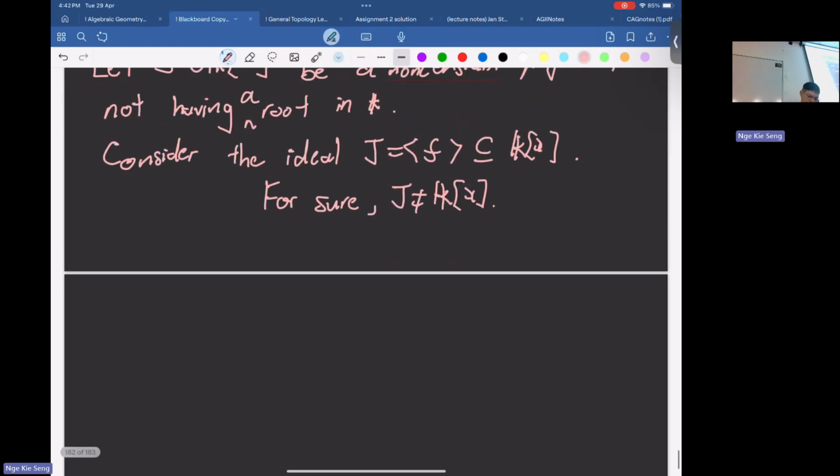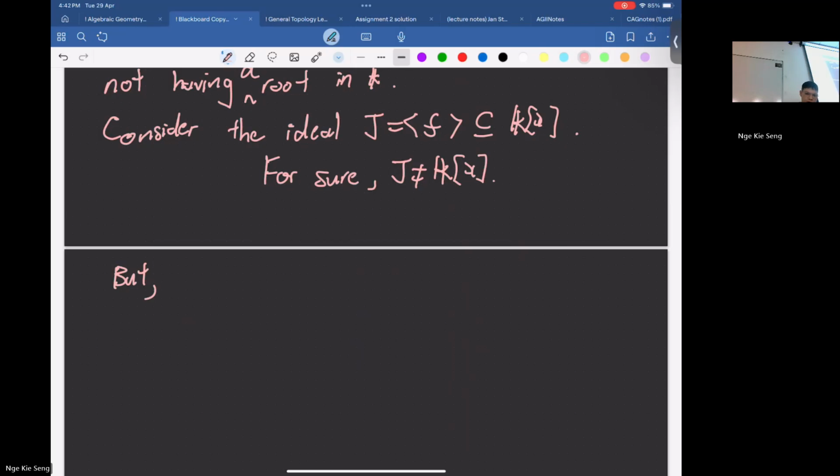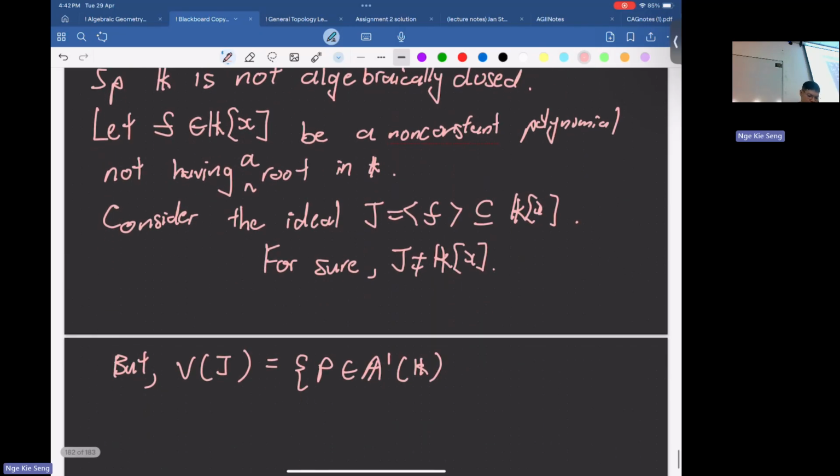But if you look at the zeros of J, where's the zero of J here? It's all the points in A1, because we just consider a one variable polynomial here, such that F(p) equals 0.